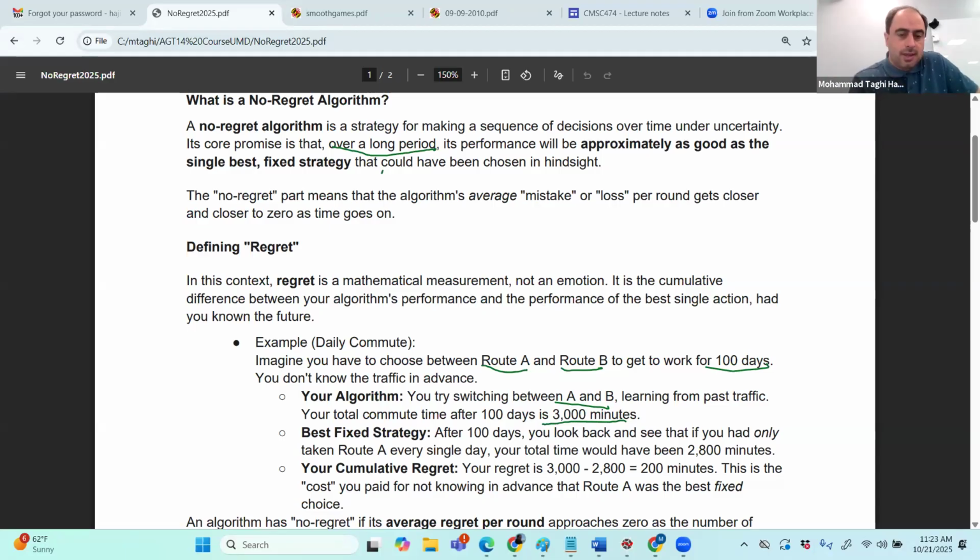Now, what was the best fixed strategy? After 100 days, you look back and see that if you had only taken route A every single day, then your total time would have been 2,800.